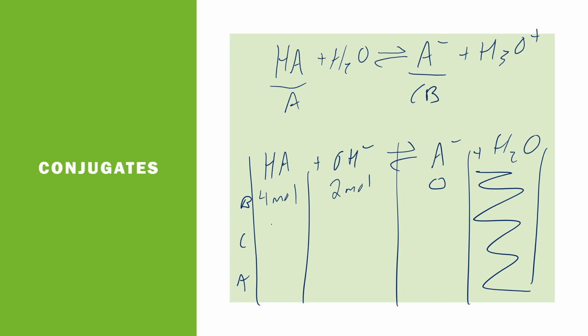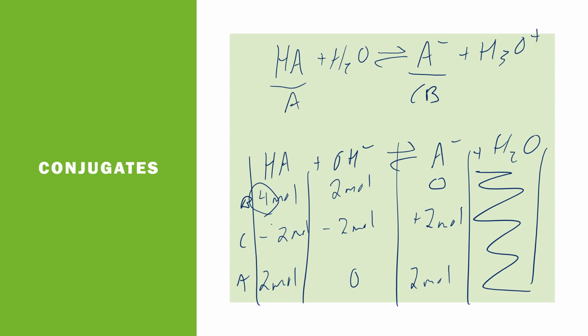Remember, whichever one's smaller will get completely used up. So this will go down by 2, this will go down by 2, and this will go up by 2. So I'm left with 2 moles of the weak acid. The strong base is completely gone, and the conjugate base has 2 moles as well.